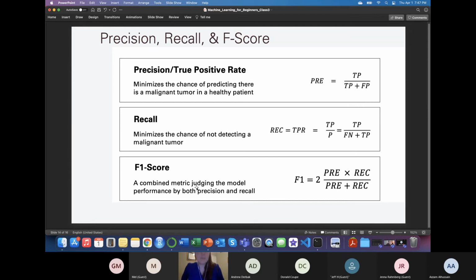You can think of precision and recall as a trade-off. When one goes up, the other one is going to go down. So you can weight recall or precision more. The way that you would weight recall or precision differently would be to change your cutoff. By default, a model outputs predicted values.